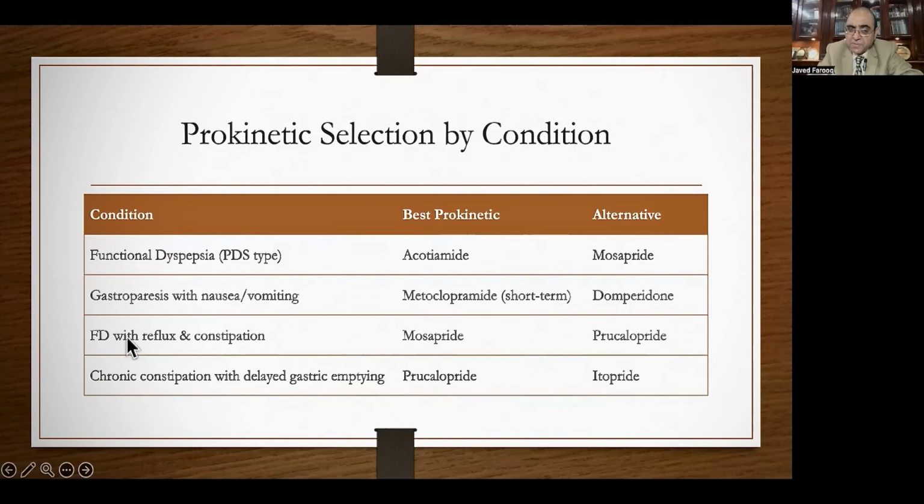While in functional dyspepsia with reflux and constipation, the best prokinetic is mosapride and the alternative is prucalopride. Similarly, in chronic constipation with delayed gastric emptying, the best prokinetic is prucalopride and the alternative is Itopride.